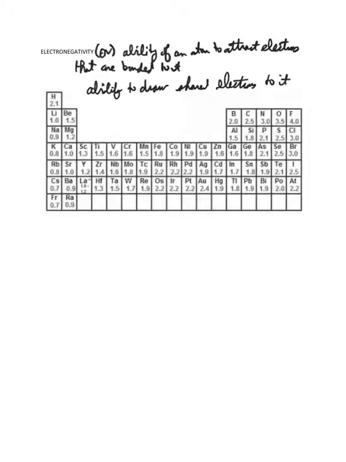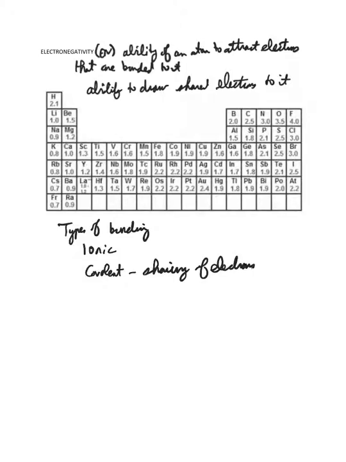And so we talked about the different types of bonding. There's ionic and covalent, where covalent arises from the sharing of electrons, and ionic bonding arises from the electrostatic attraction between opposite charges.